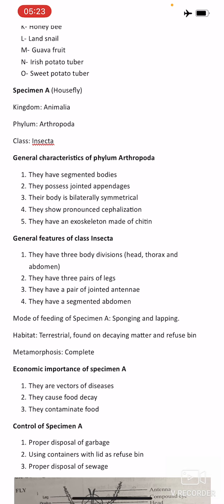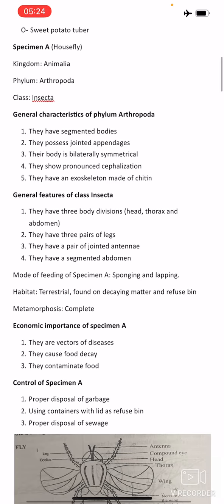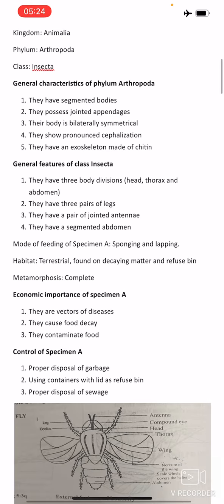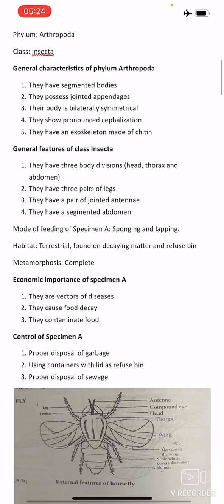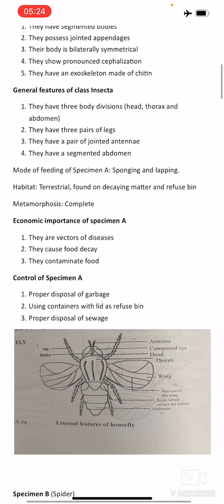That's in housefly. Their habitat is terrestrial; they are found on decaying matter and refuse bins, and they have complete metamorphosis. This is their economic importance: they are vectors of disease. They cause food decay, they contaminate food, and this is the control.